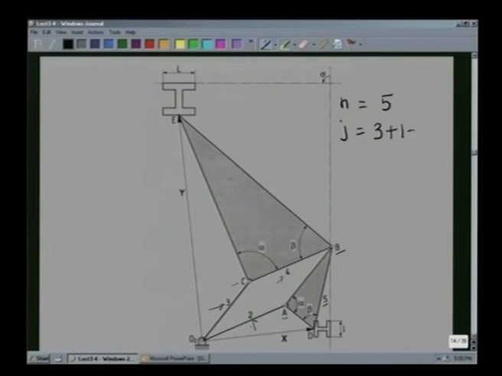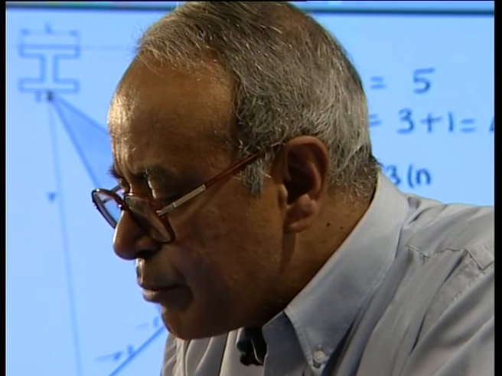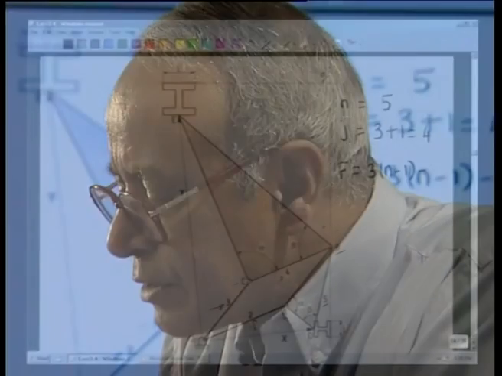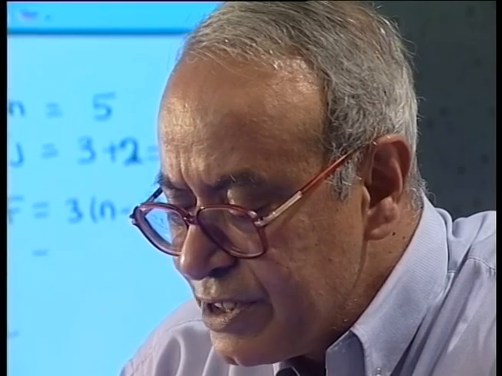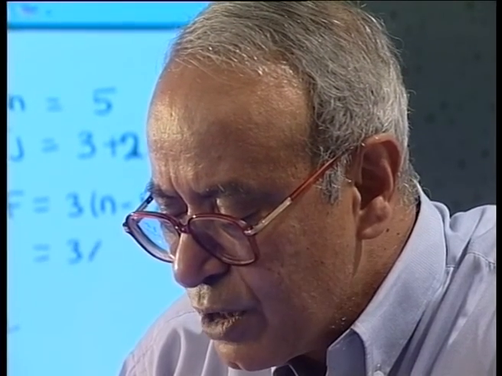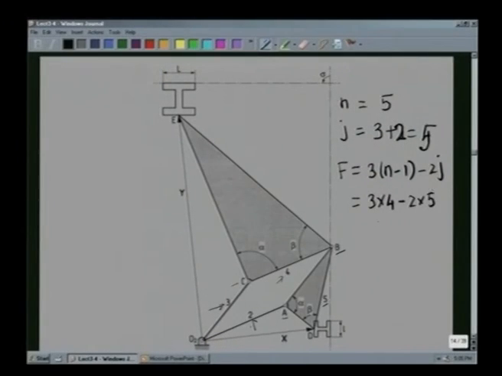So, if we calculate the degree of freedom F, which we have seen, 3 times n minus 1 minus 2j. Sorry, I made a mistake here, J2 is 1, but it counts as 2 J2. So, this should be counted as 2 into 1, that is 2, and J is 5. So, F is 3 into 4 minus 2 into 5, which is 2.